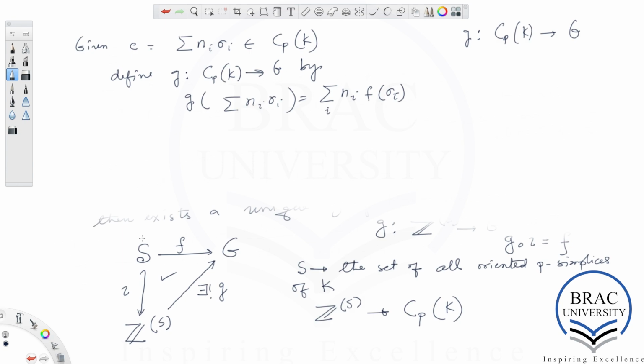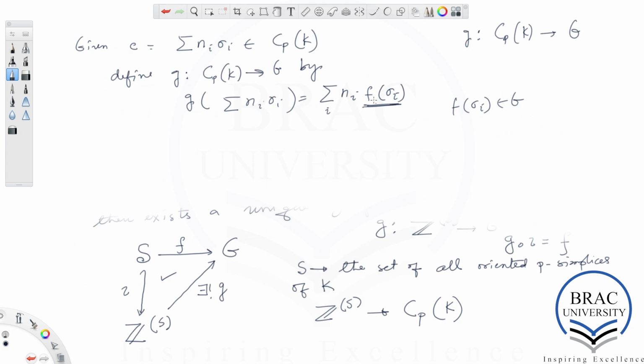Now it makes sense. The right-hand side makes sense. f of sigma_i are all in G, and an integer times a group element means that if it's a positive integer, that group element is added to itself n many times. So if n_i is a positive integer, then n_i times that group element means that the group element is added to itself n_i many times.